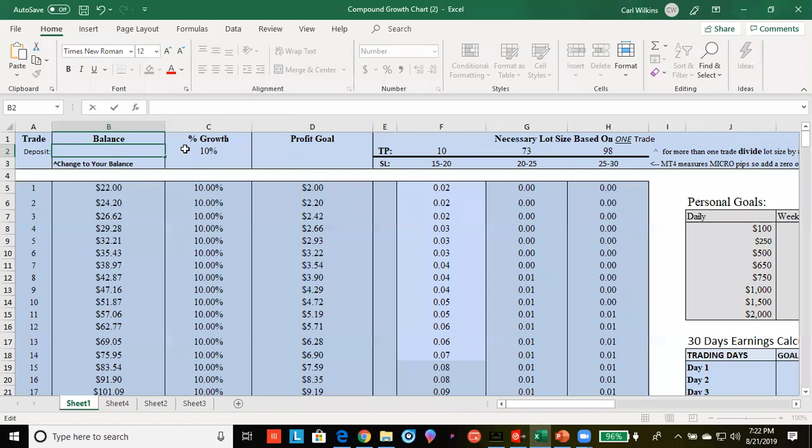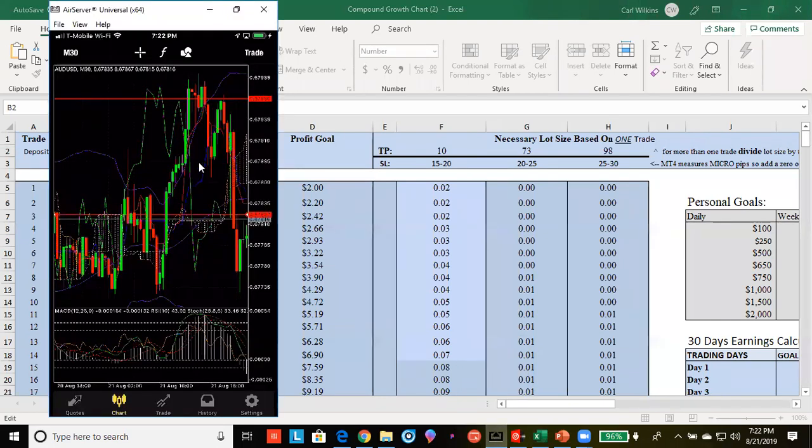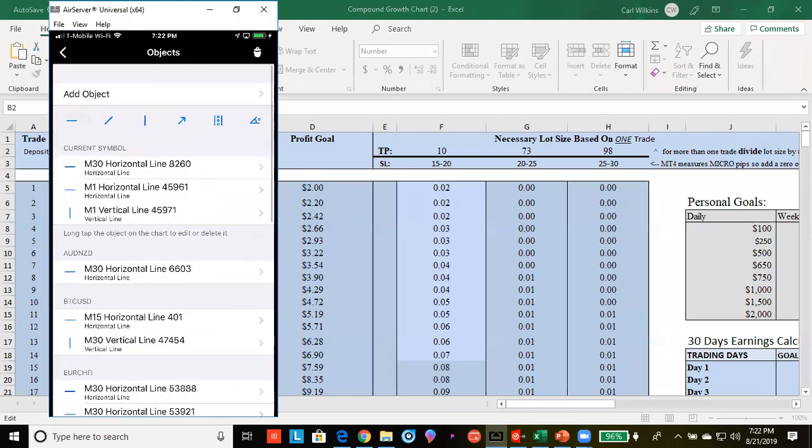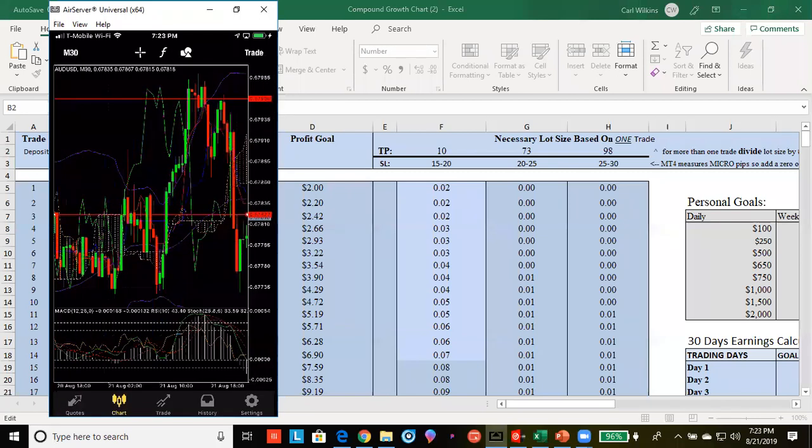Yeah, that's why it's also good to have it on your phone, because like this right here, I'm going to show you guys my screen. I set it up to a certain strategy, and I'm able to use my different lines, like the horizontal line and the vertical line, right from my phone. I'm actually just figuring this part out, because I always used my computer, since I didn't know the app had the horizontal and vertical lines.